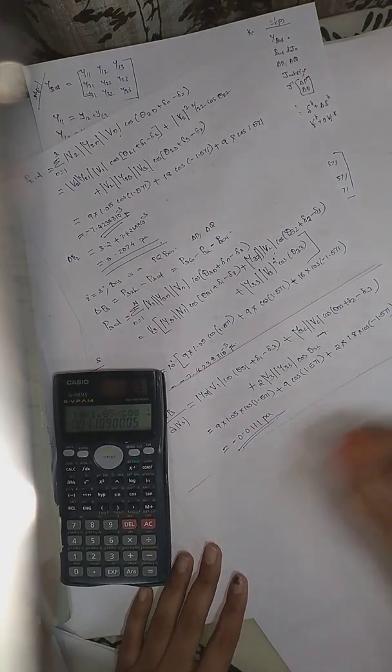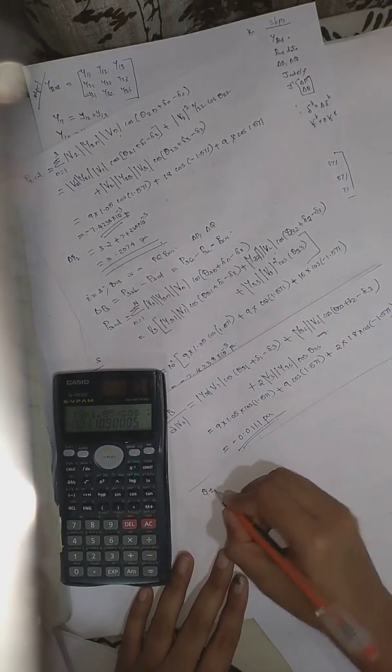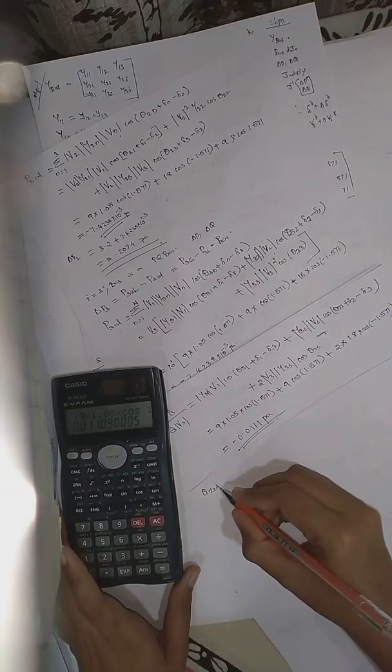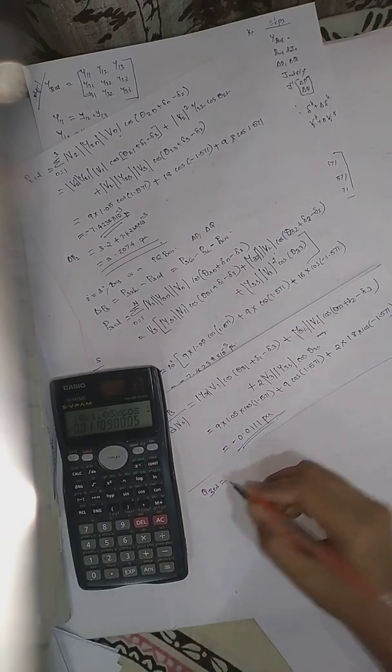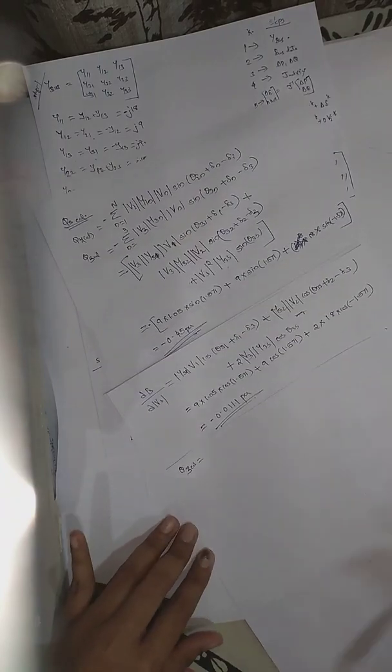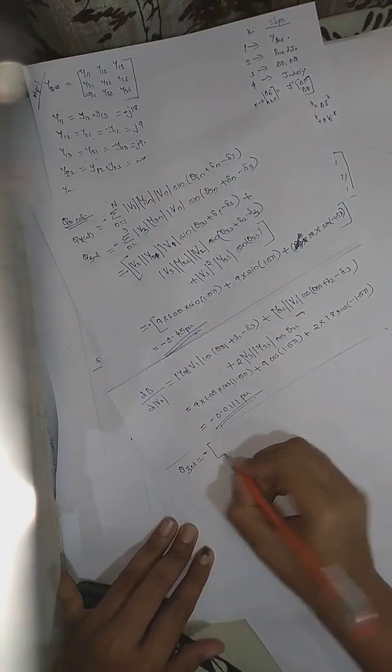Next what we have to find out is, we have to write the equation for Q3 calculated. What was the equation for Q3 calculated? That I have already derived here. You can see it for Q3 calculated, and I am writing that equation again.